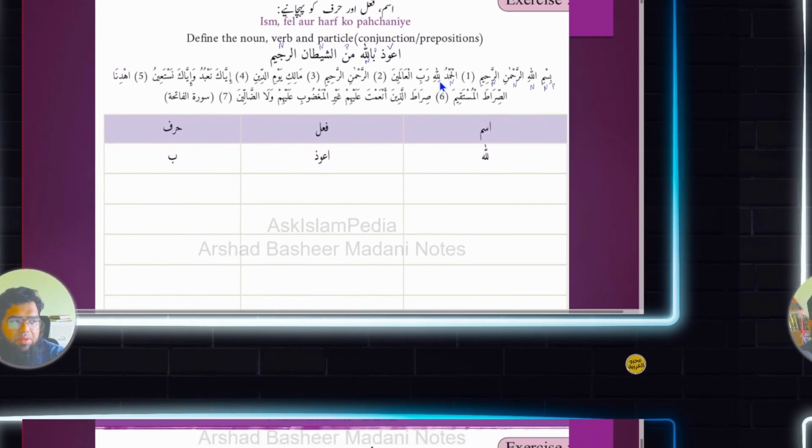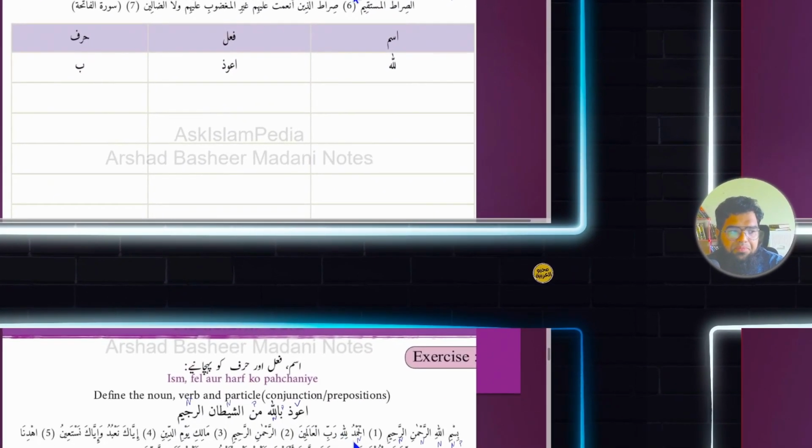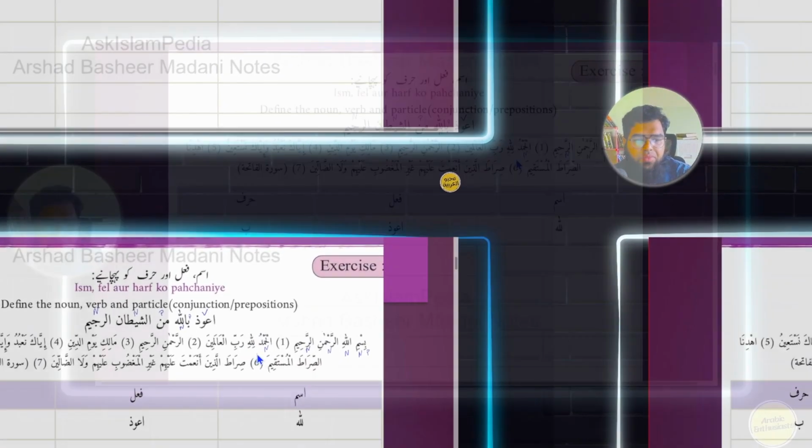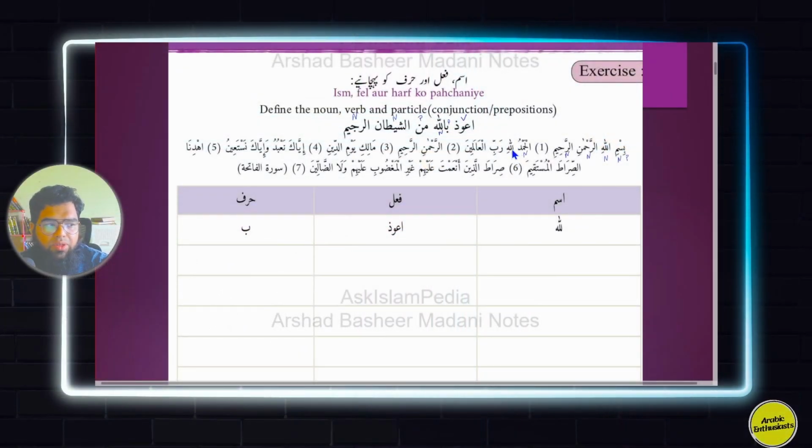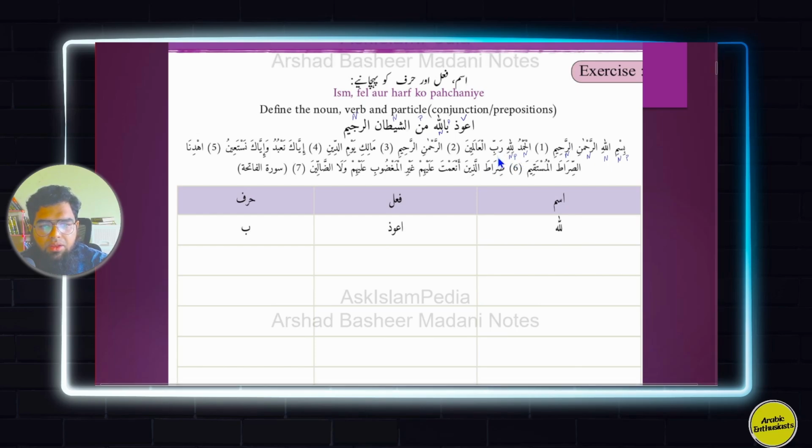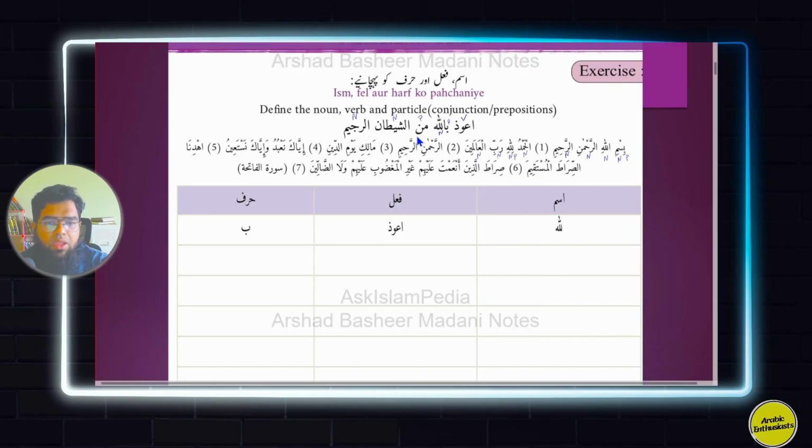See, there's another lam here, belonging to Allah. So, lillahi. We can translate the li first as a particle and Allah's name is a noun. Rabbi, noun. Alamin, noun. Ar-Rahman ar-Rahim, noun. Maliki, the owner, noun.